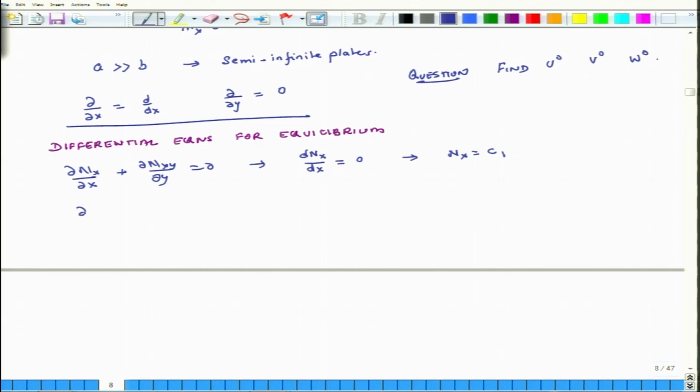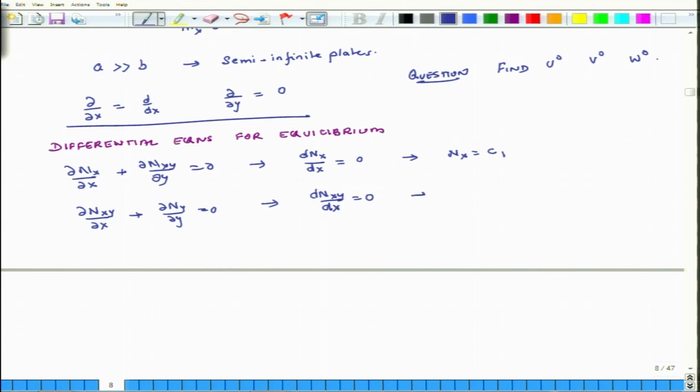Second equation is del Nxy over del x plus del Ny over del y equals 0. This simplifies to dNxy over dx is equal to 0.